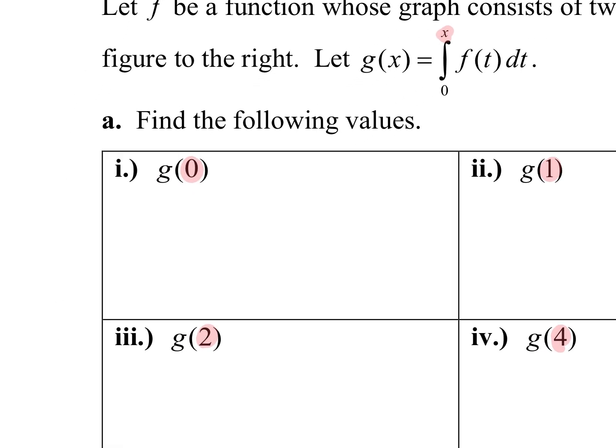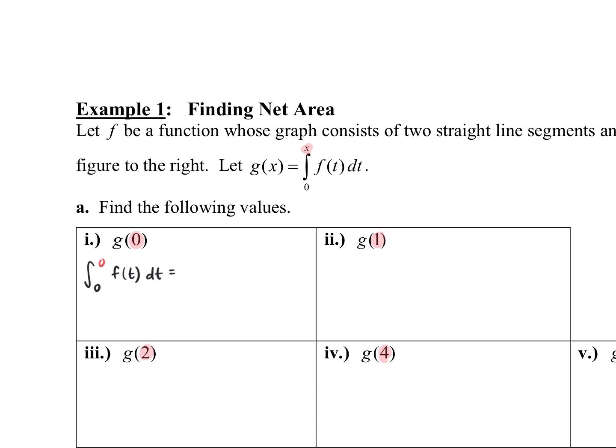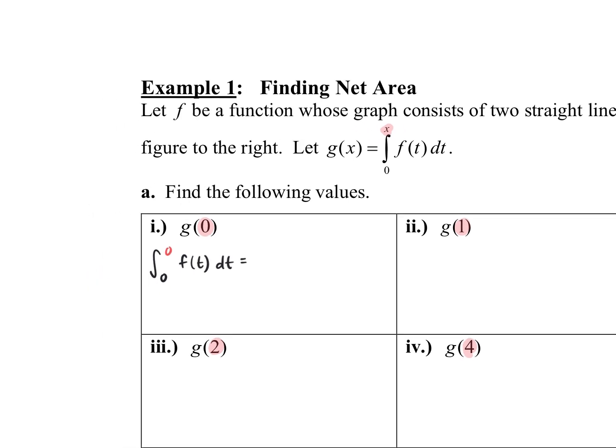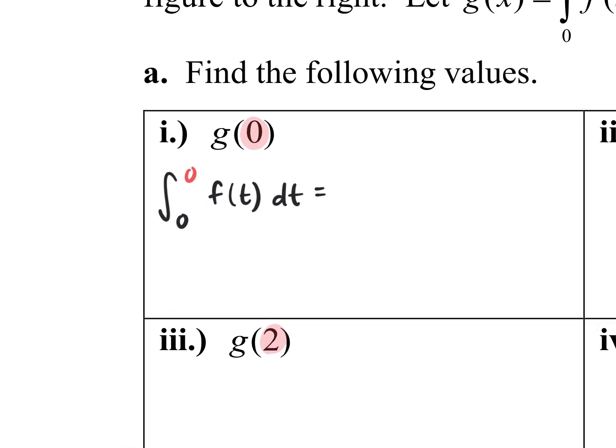So if I plug this in here, this is the integral from 0 to 0 of f of t dt. So I want to know, what is the area underneath the curve from 0 to 0? Is there going to be anything underneath there? No. Anytime we go from 0 to 0, it's always going to give us 0. There's nothing underneath the curve if we haven't moved.